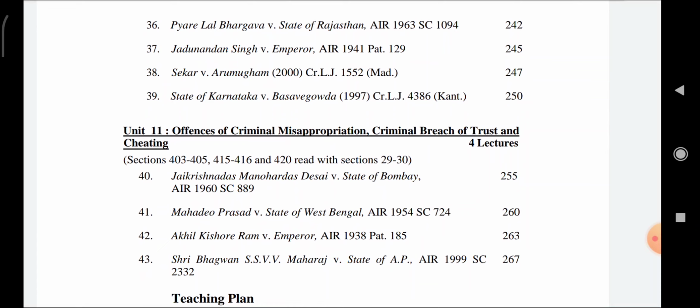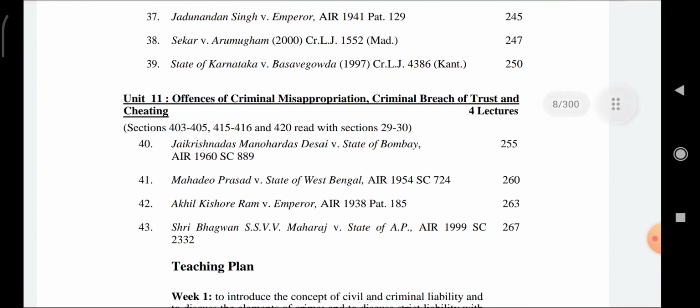Unit 11, offences of criminal misappropriation, criminal breach of trust, and cheating. Section 403, 405, 415, 416, 420, read with sections 29 to 30.